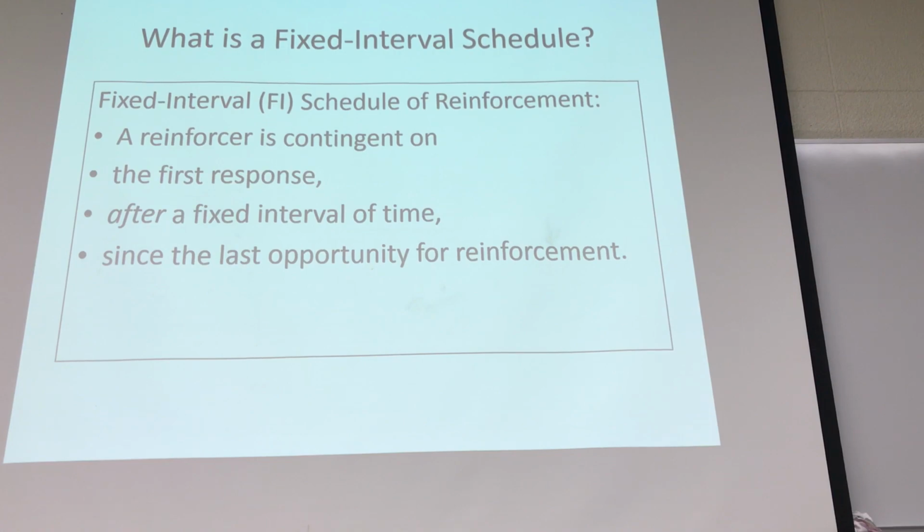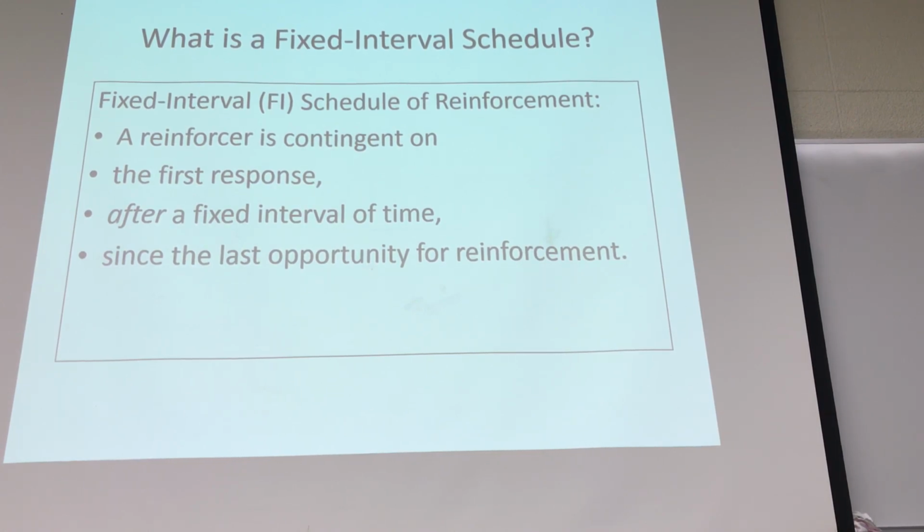So a reinforcer is contingent on the first response after a fixed interval of time since the last opportunity for reinforcement. So we have a period of time, let's say 10 seconds.